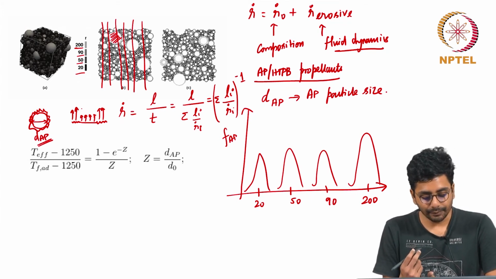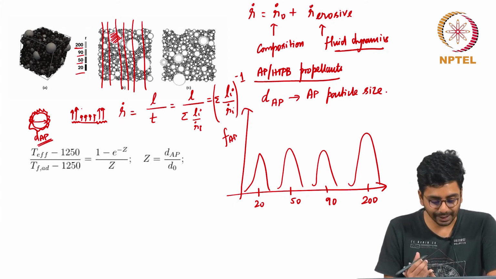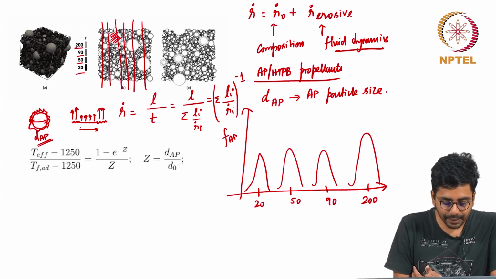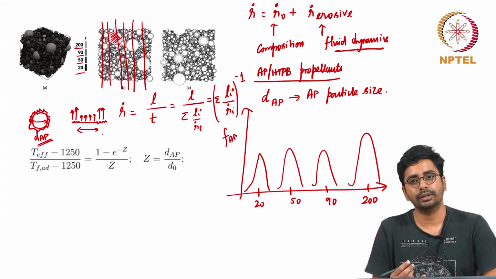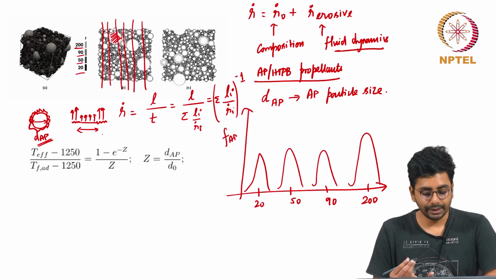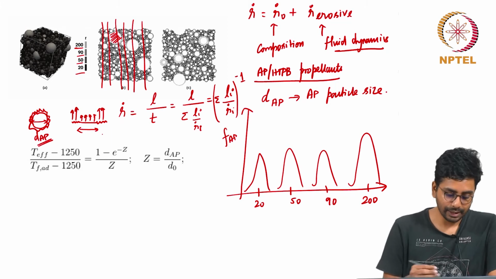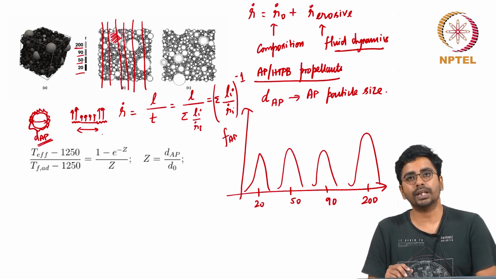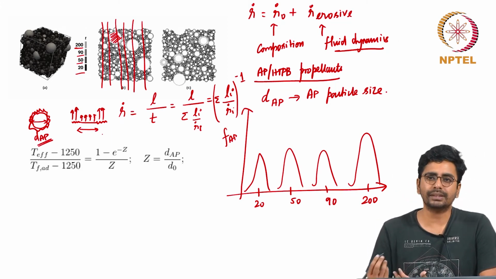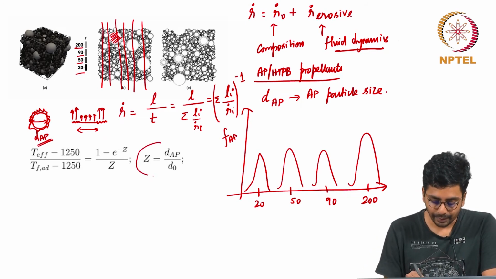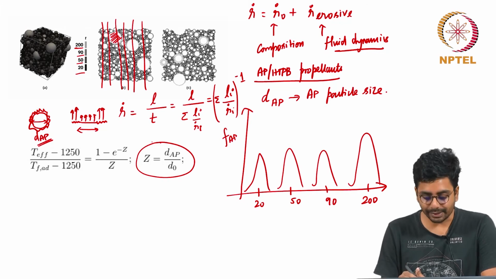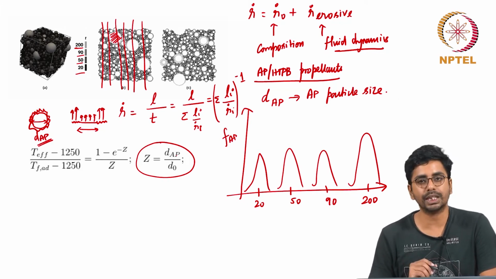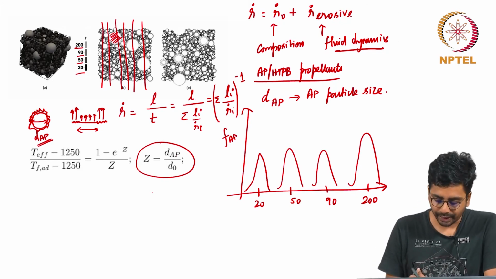The flame structure will be controlled by mixing if DAP is much larger than the diffusion distance, and the behavior will be close to premixed if DAP is much smaller than the diffusion distance. That simple idea is what was used to define this non-dimensional variable, which is nothing but the ratio of the AP particle size to the lateral diffusion distance.